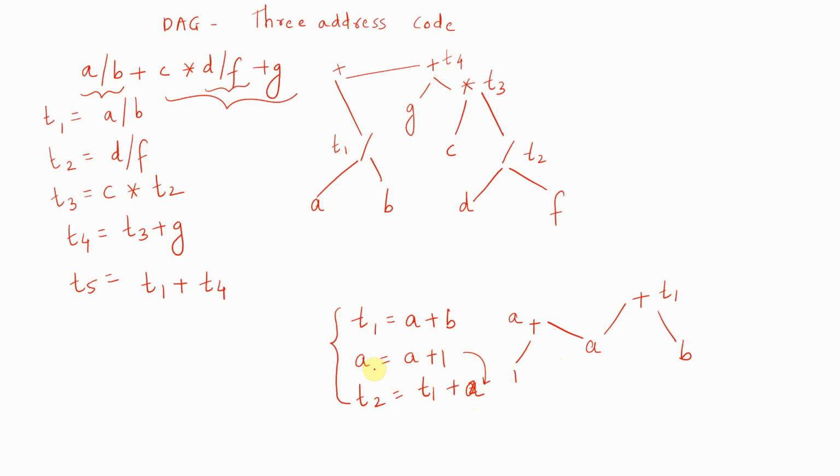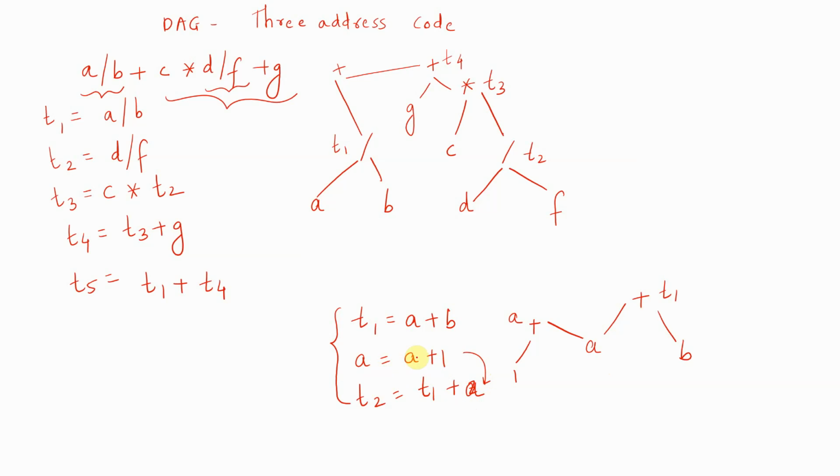Since A is updated, you are supposed to use the latest value of A and not the original A. Say if this A was 2, after you evaluate this step, the value of A will change. It will come out to be 3, and that 3 is used in this statement.